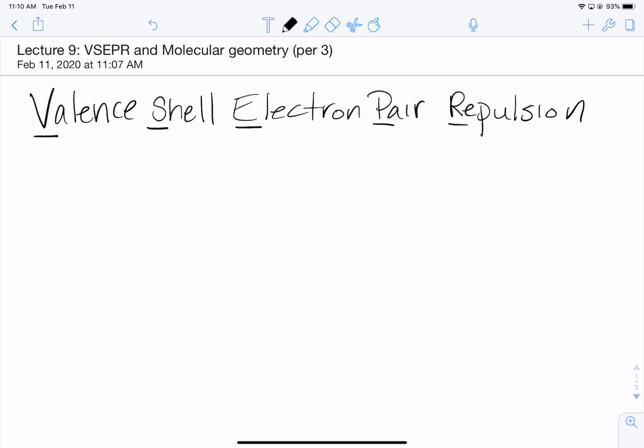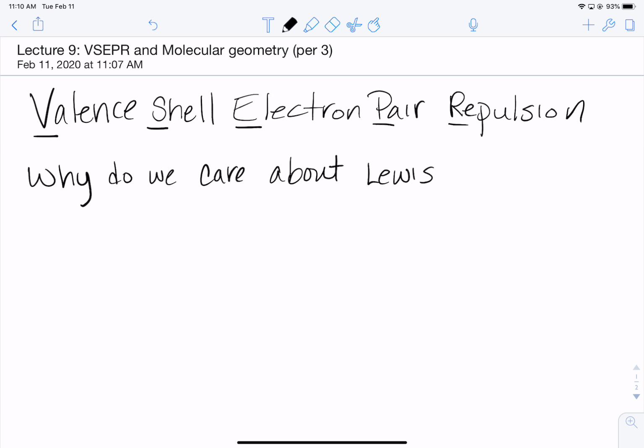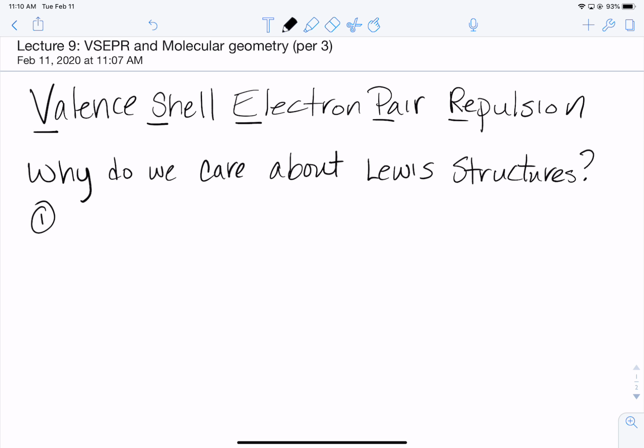So why do we care about Lewis structures? Lewis structures help us understand this valence shell electron pair repulsion. Number one, they give us an idea of the skeletal shape of the molecule.